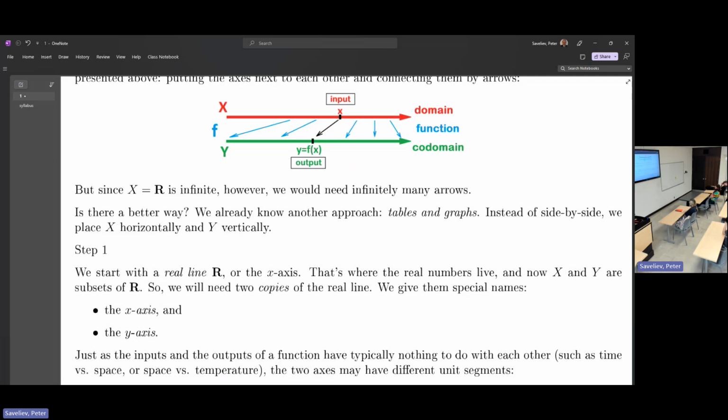We already know why we want tables and graphs, so let's forget about the function for a moment, and we take the x-axis and the y-axis and put them in such a way that any function would be there on the xy plane.